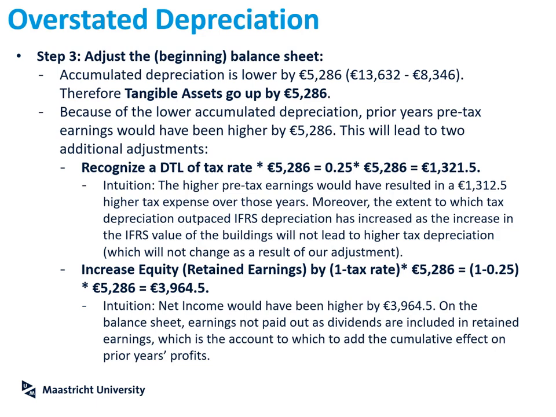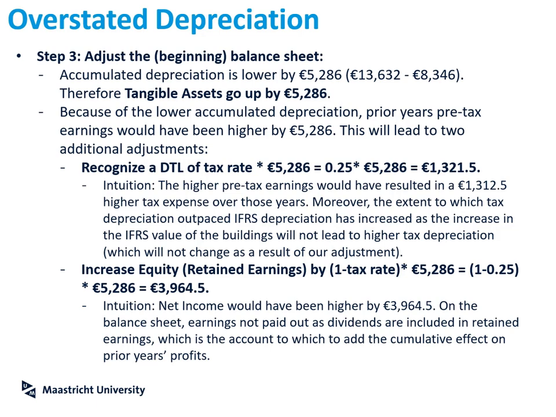Now, the second adjustment relates to equity and particularly retained earnings. Because as I said, if we lower the accumulated depreciation, pre-tax earnings would have been higher by this amount. This has led to this 1.321 billion higher tax expense, but it would also have led to 3.964 billion higher net incomes.